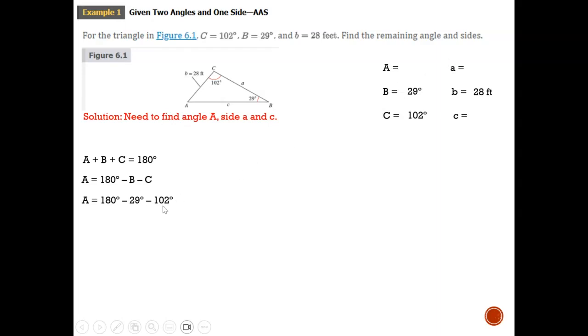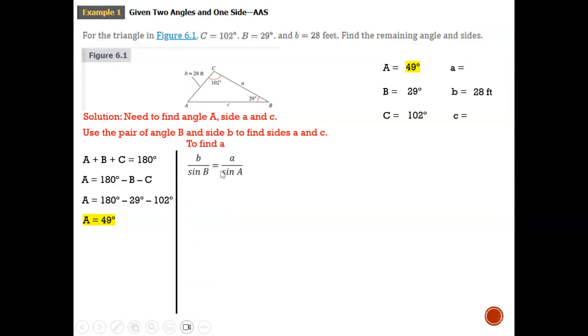Angle B is 29 degrees, and angle C is 102 degrees. So if we subtract 180 minus 29 minus 102, the result is 49 degrees. So angle A is 49 degrees up here.